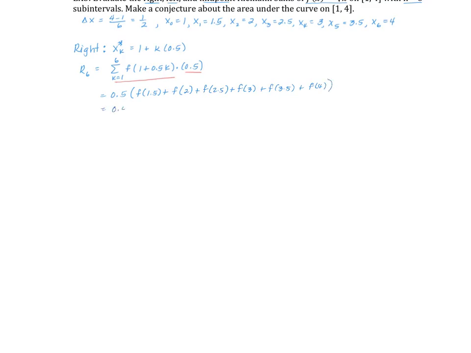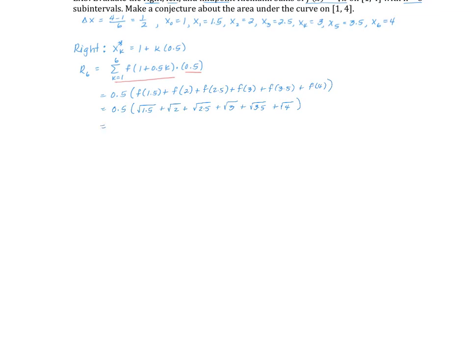which is going to be 0.5 times, this is the square root function, so the square root of 1.5 plus the square root of 2 plus the square root of 2.5 plus the square root of 3 plus the square root of 3.5 plus the square root of 4, which is just 2.